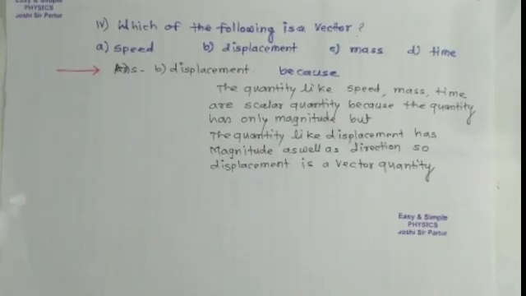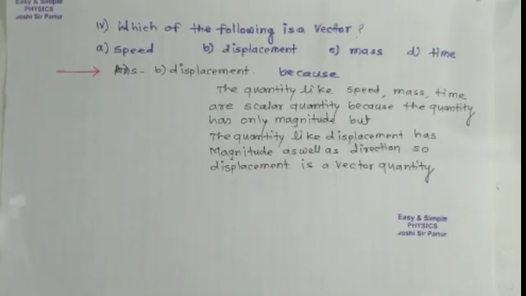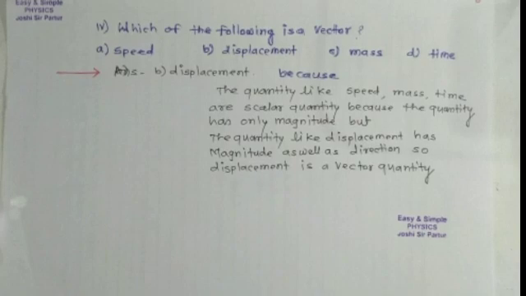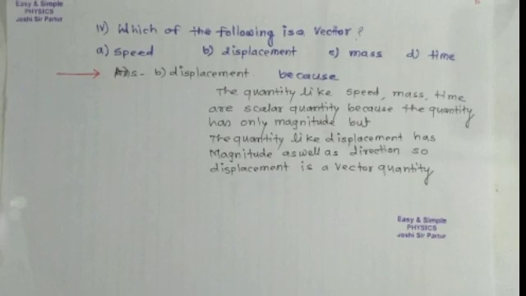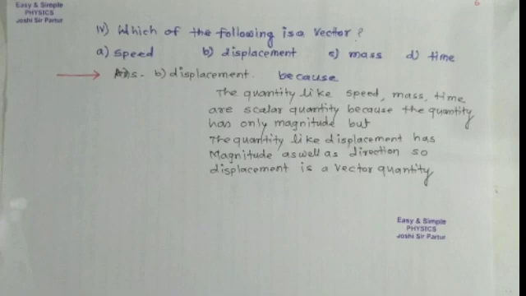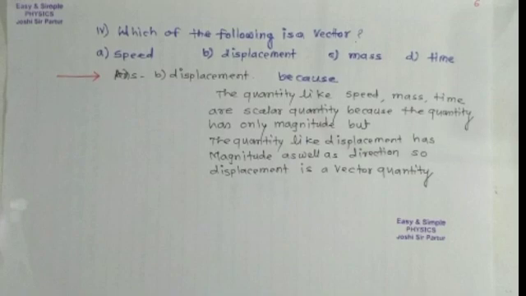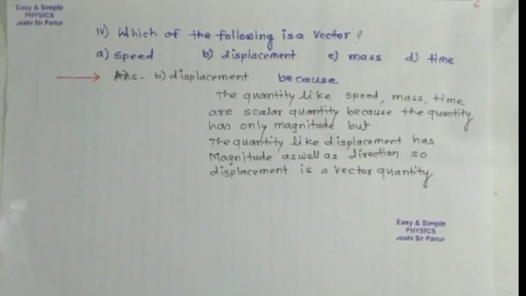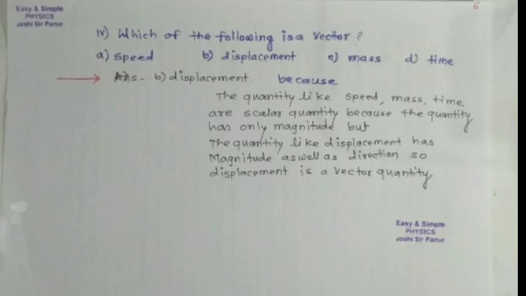Question 4. Which of the following is a vector? Option A speed, option B displacement, option C mass, option D time.